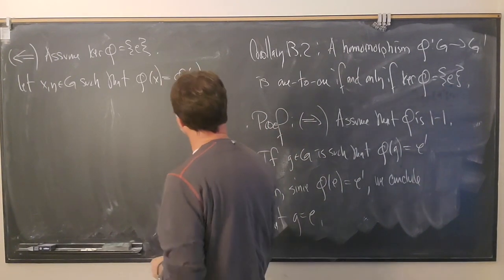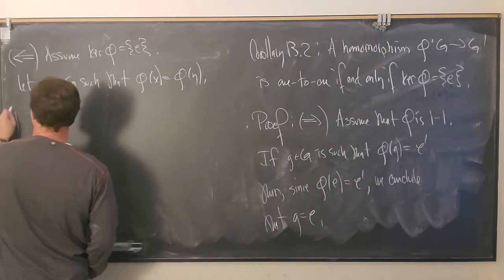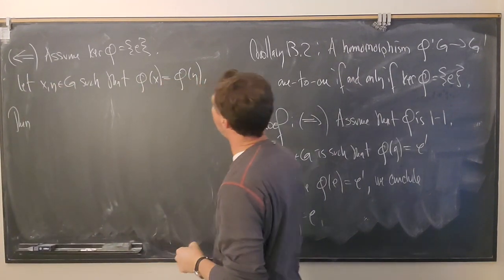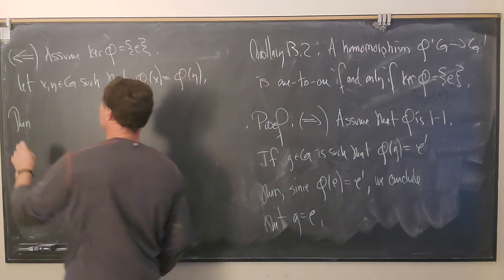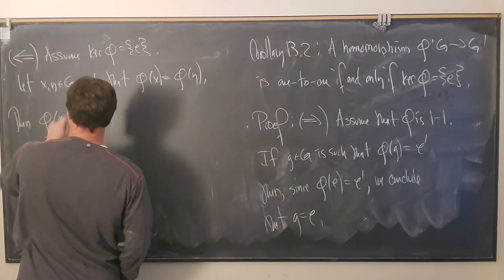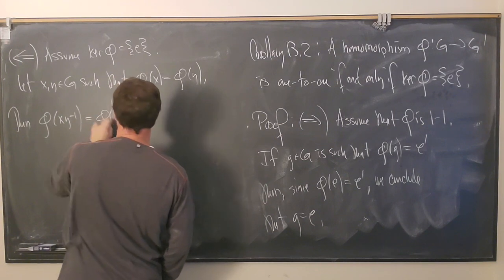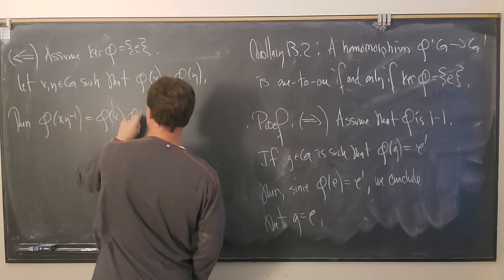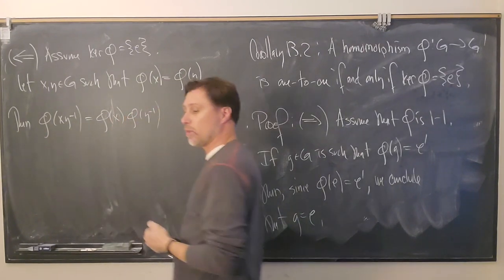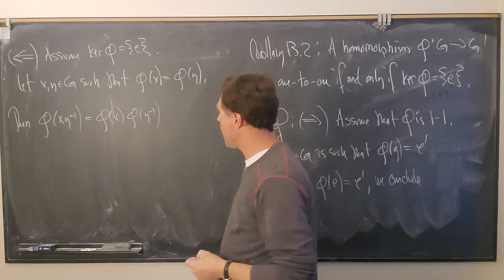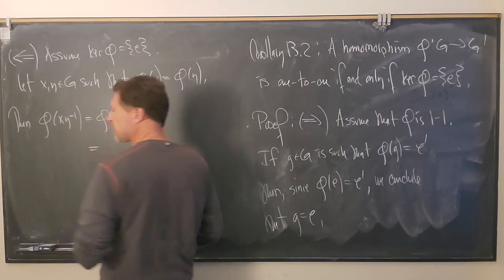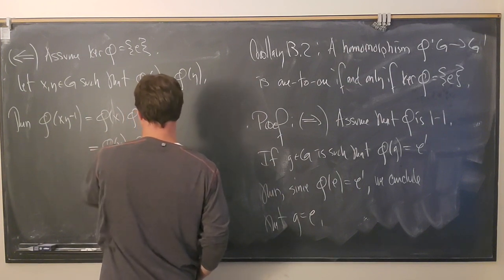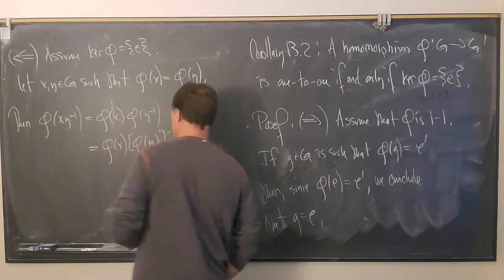Then, let's look at phi of x y inverse. That's equal to phi of x times phi of y inverse using the homomorphism property. And then using our previous theorem, we know that this is phi of x times phi of y, inverse.